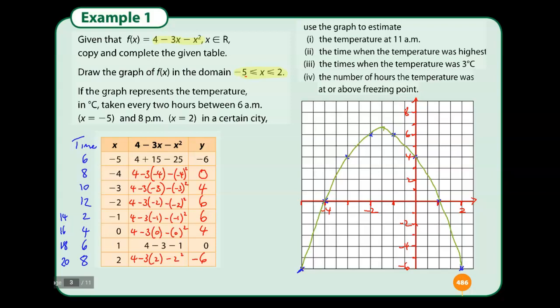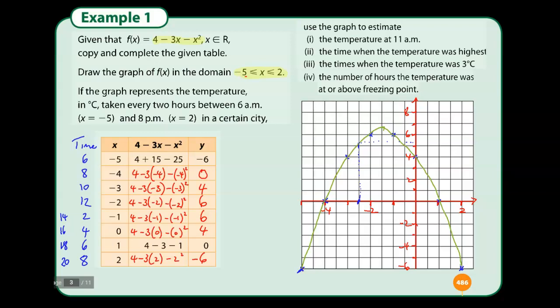Anyway, let's have a look at the question. Use the graph to estimate the temperature at 11 o'clock. 11 o'clock is between 10 and 12, between -3 and -2, so this here is 11 o'clock. If I plot up and across, it's a little bit more than 5 degrees.